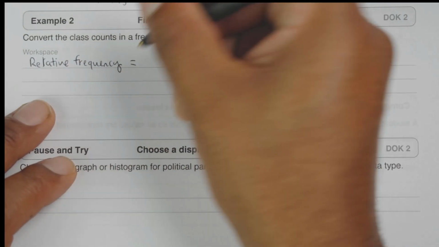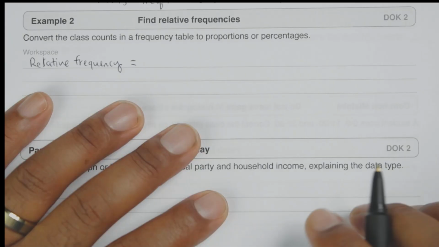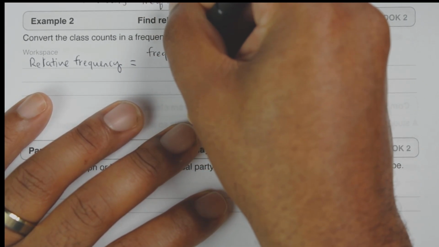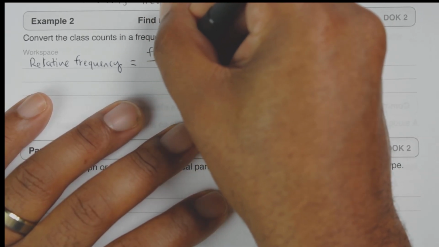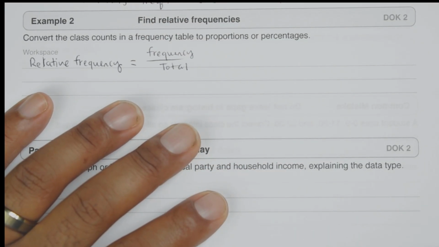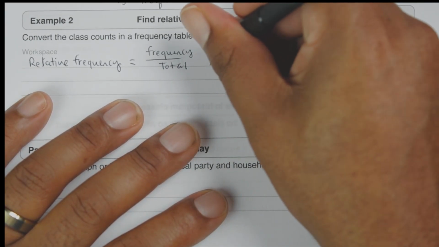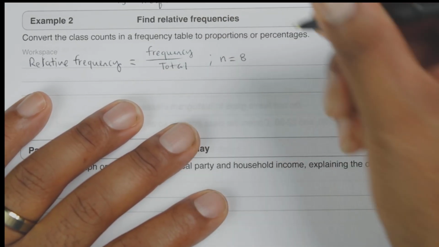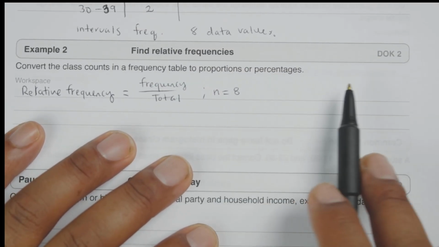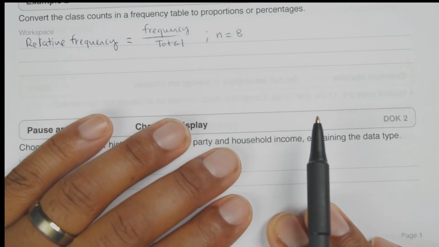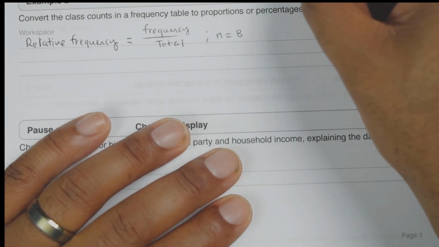The relative frequency is equal to the frequency count divided by the total number. Our total number was n equals 8, because that was how many data values we had.